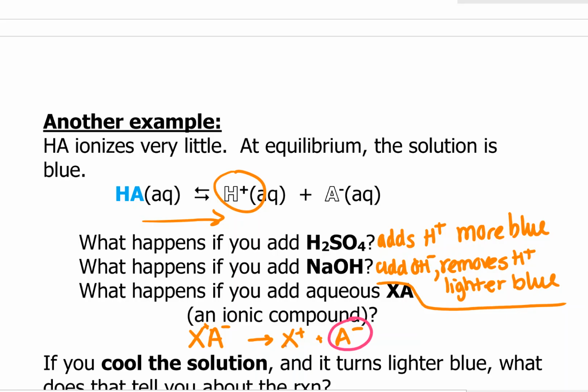The X does nothing, and the reason it does nothing is because X is not in this reaction at all, but the A is, and so adding this compound has the effect of increasing the amount of A, which will shift equilibrium to the left, which would mean it will be more blue.